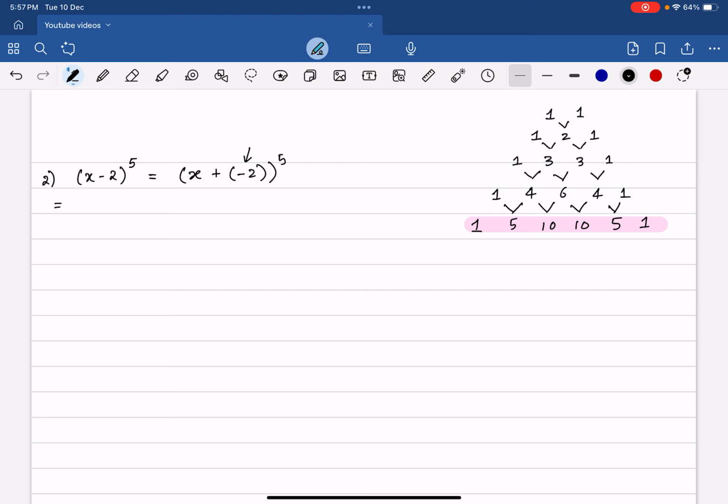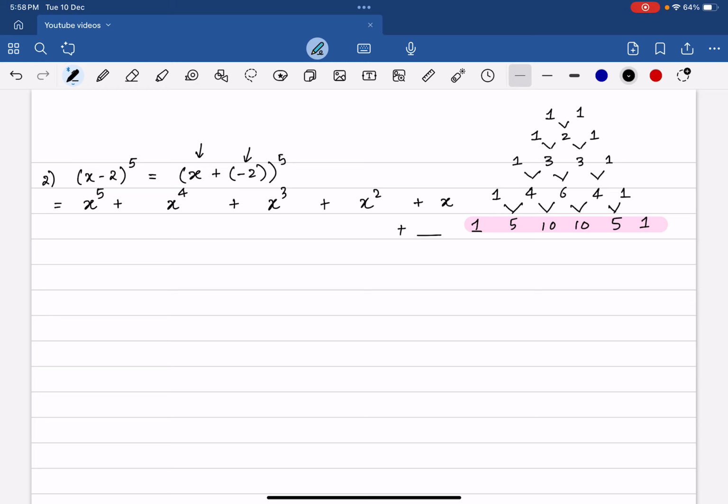So now obviously we start with x having the highest power, x raised to 5. Next thing is x raised to 4. Next thing is x raised to 3, x raised to 2, x, and I'm sorry, last one has to go below.